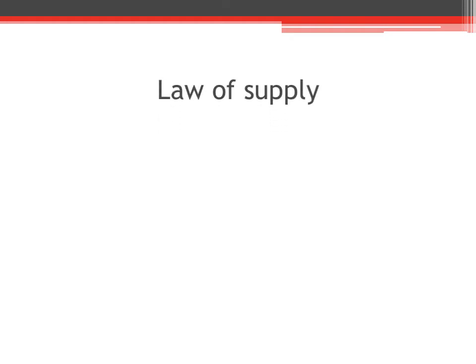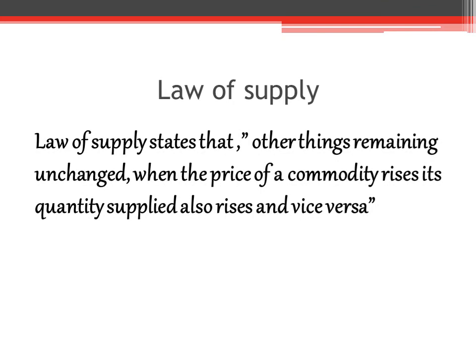The next topic is law of supply. What is the law of supply? It states that, other things remaining unchanged, when the price of a commodity rises, its quantity supplied also rises, and vice versa. Other things remaining unchanged means all the other factors: technology of production, unit tax, and input prices remain unchanged, with no change in these factors.